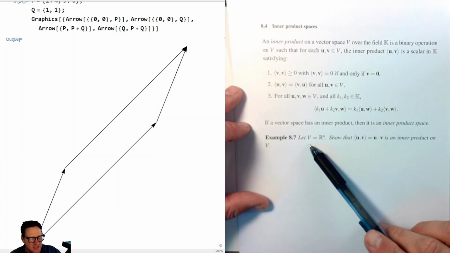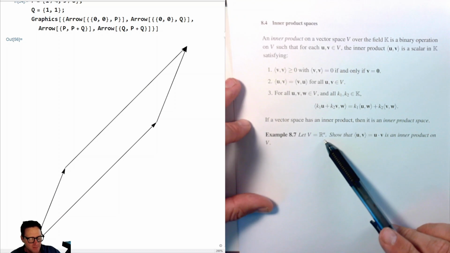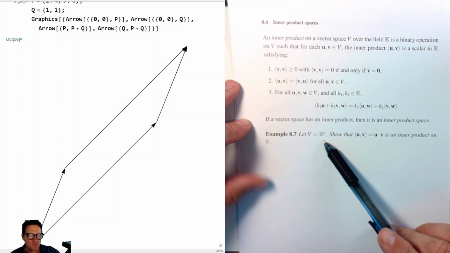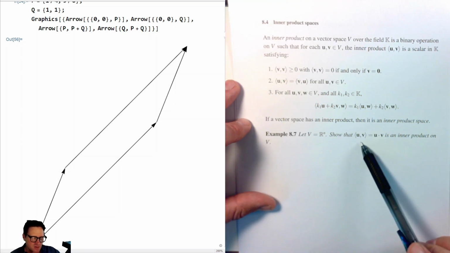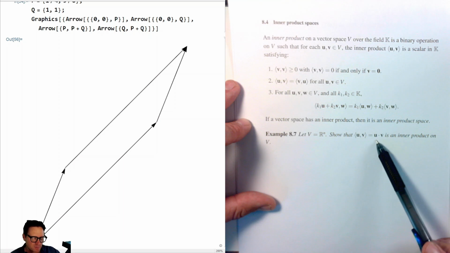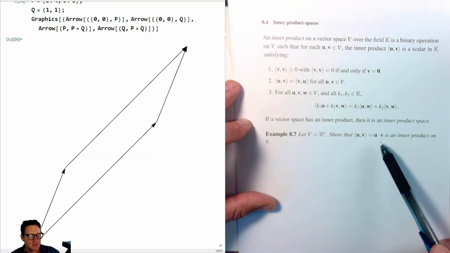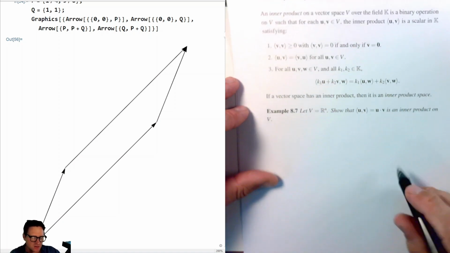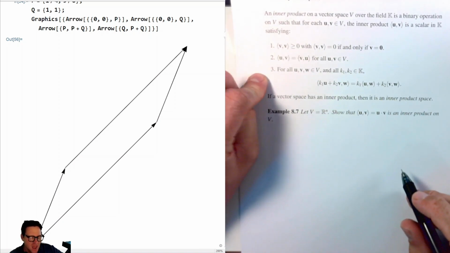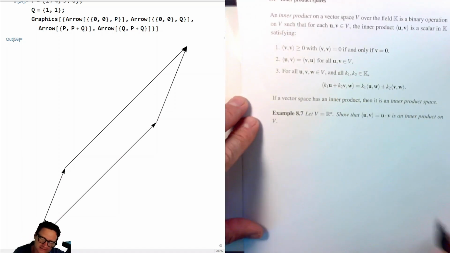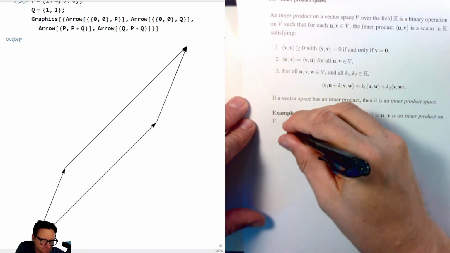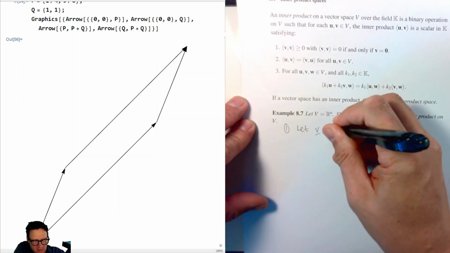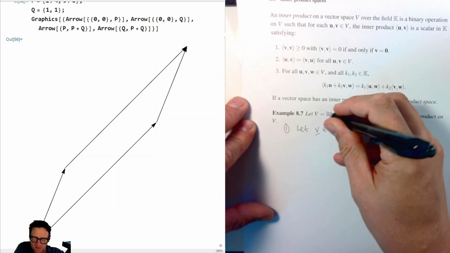Example 8.7, let V be Rn, so n-dimensional space over the field of real numbers. Show that u dot v is an inner product on V. All right, so what we need to do is check these three axioms hold for the dot product. So the first one. Let's take a vector v in the vector space V, here being Rn.